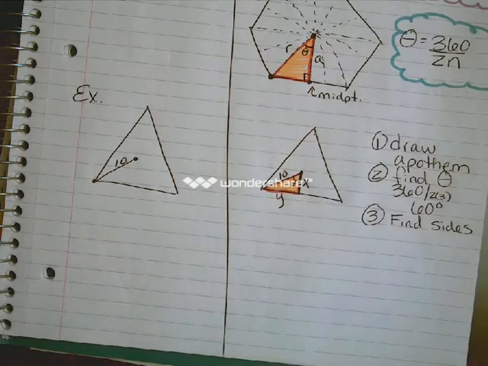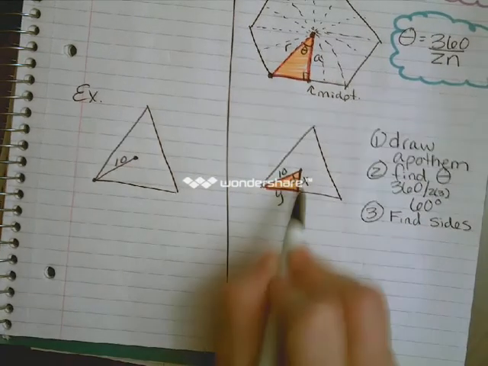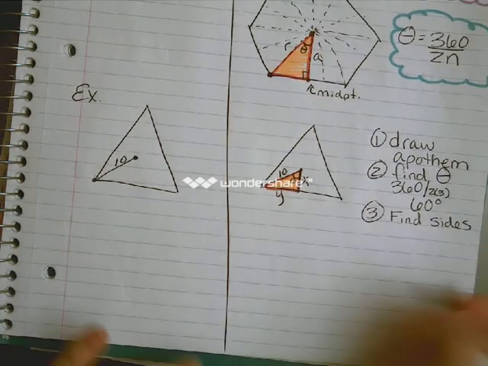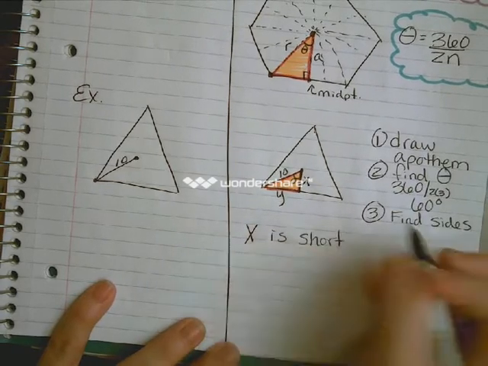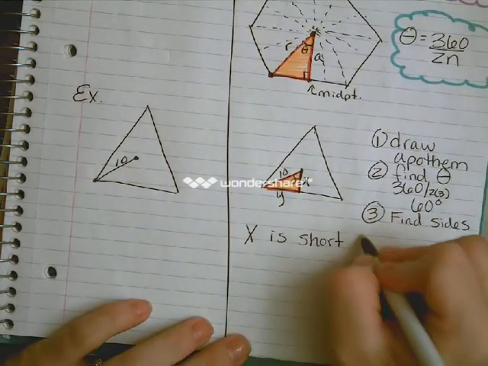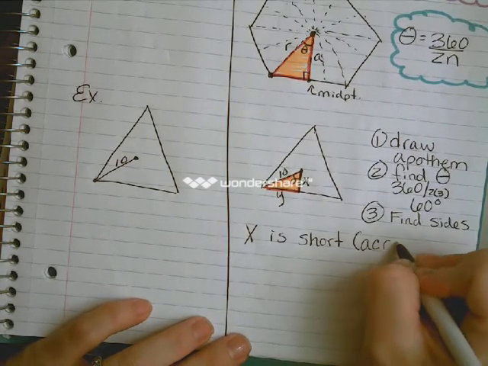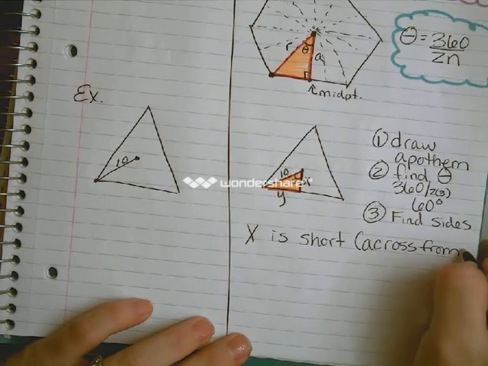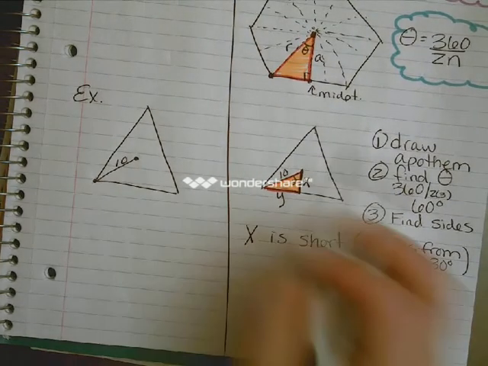Okay? In this problem, if the theta is my 60, that makes y my larger side and x my small side. If you remember, x is the short side because it is across from the 30-degree angle. 10 is my hypotenuse because it's across from the 90-degree angle.